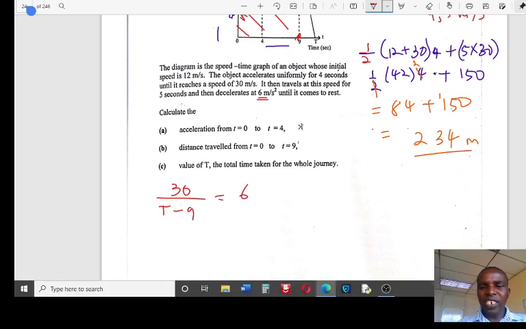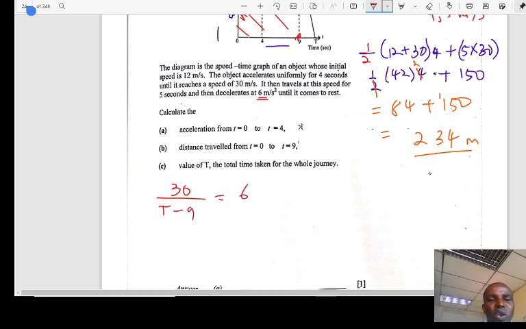Right, then after that, you cross multiply here. This one is over 1. It will be 30 is equal to 6 times (t minus 9). Remove the bracket, simplify: 30 is equal to 6t minus 54. 9 times 6 is 54.